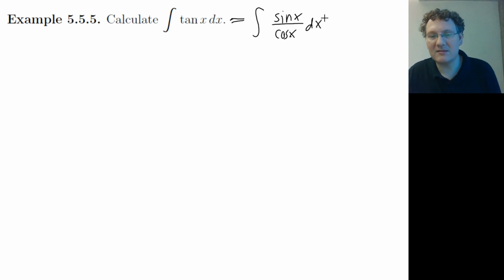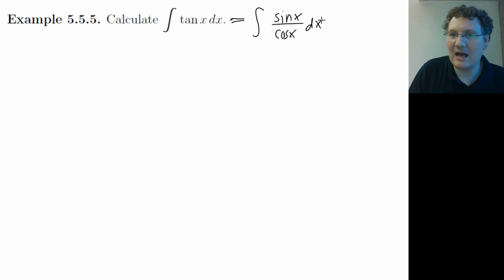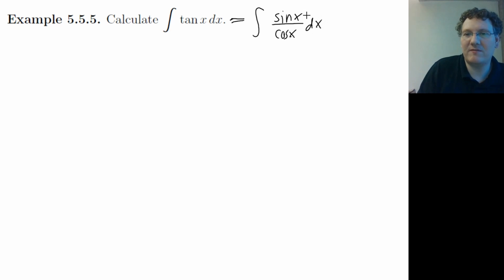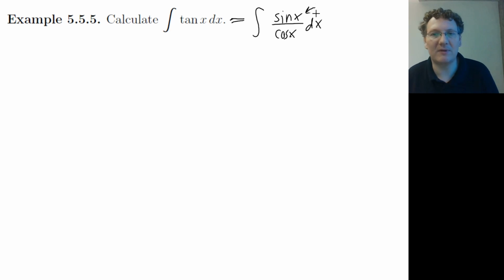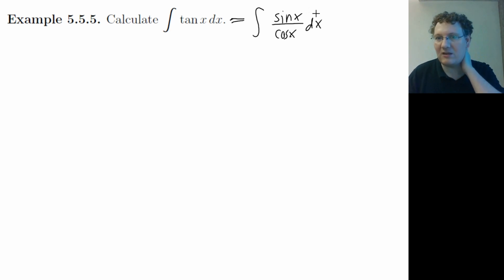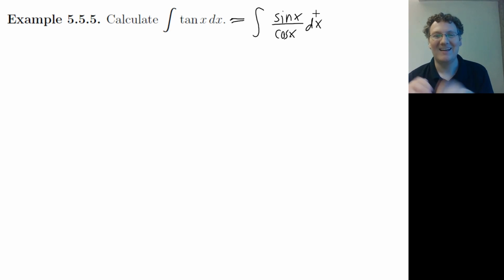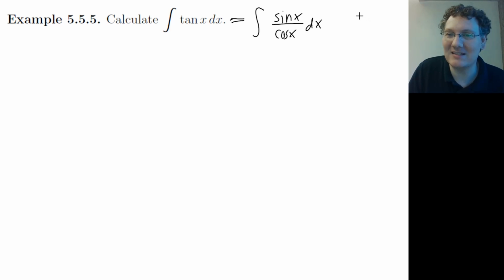Well, I know the derivative of the cosine is negative sine, and the derivative of sine is cosine. It might be natural to think, oh, I'll let the numerator be u, but the problem is you need your du to be basically in the numerator. So the only thing I can do then is to let u be the cosine of x.